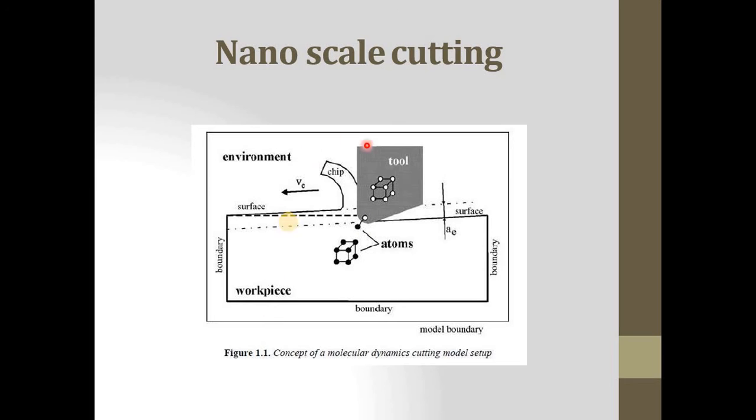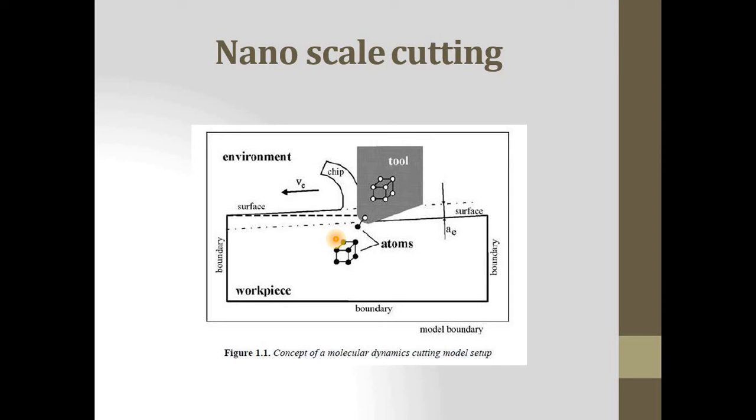In addition to the material properties and the interaction between them, it constitutes the contact and interface condition, for example between the tool tip and workpiece. Look at this. This is the tool tip and this is the workpiece, as well as their environment need to be described. Furthermore, the boundary condition within the model, that is surface versus the bulk material, and the system boundaries to the non-model environments are important.